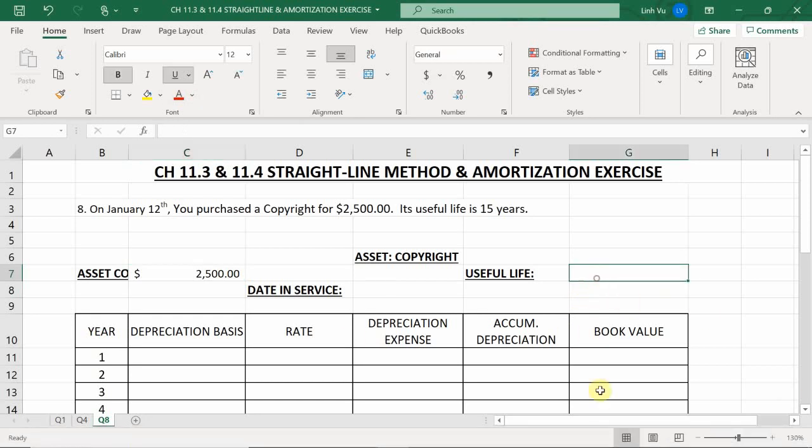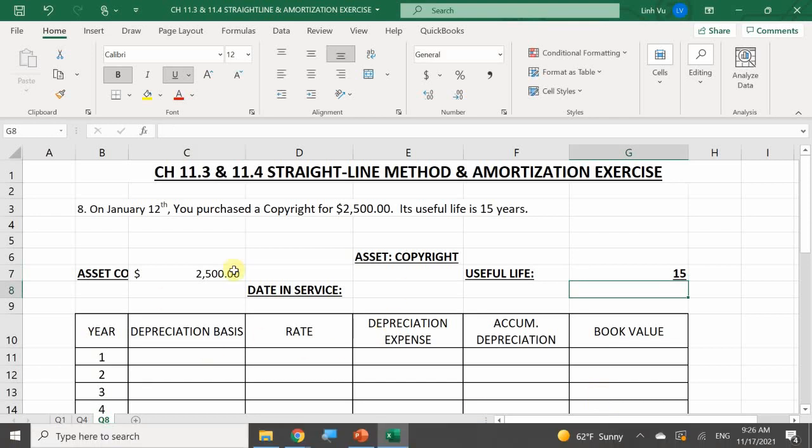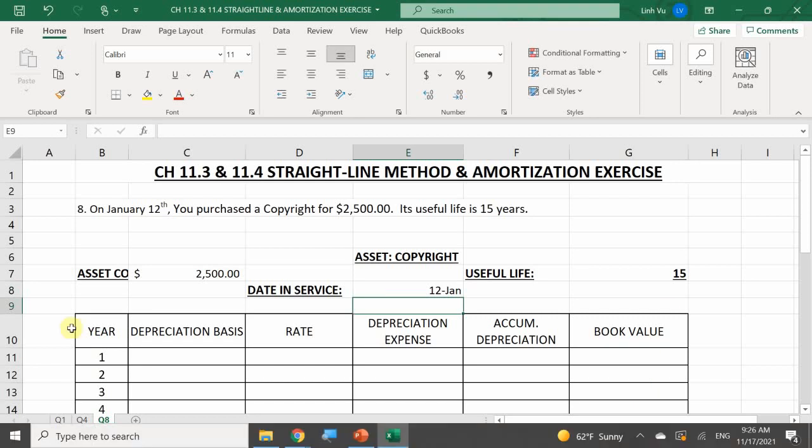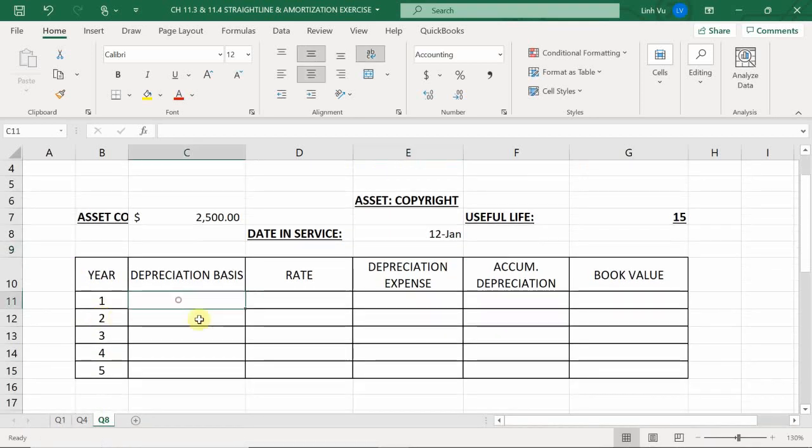Okay? How much useful life does it have? How many years? 15 years. And what's the date that you placed it into service? 12th of January. So therefore, what does that tell me? That you do it on that month.